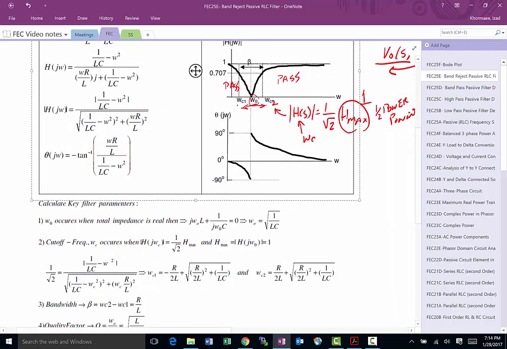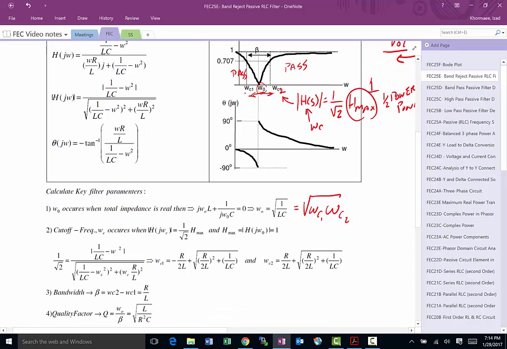Omega 0, which is the natural frequency or center frequency, is equal to that. The definition of omega 0 though is the square root of omega C1, the first cutoff frequency, times the second cutoff frequency. Omega 0 happens when the impedance of the capacitor is equal to the impedance of the inductor, so the two of them together act like a short.